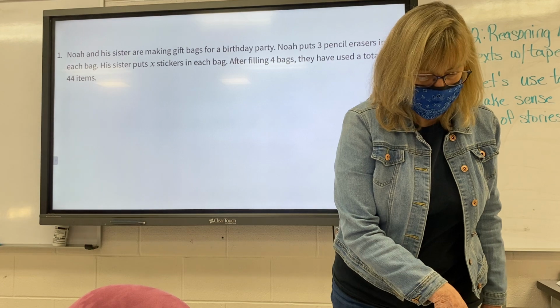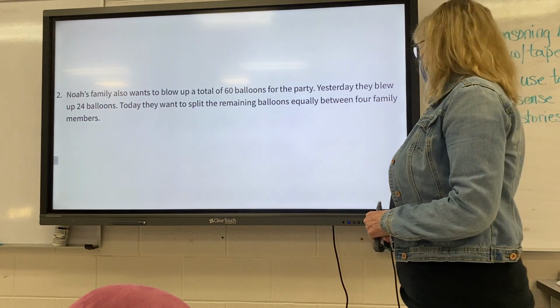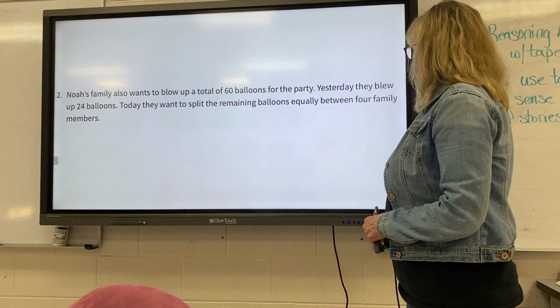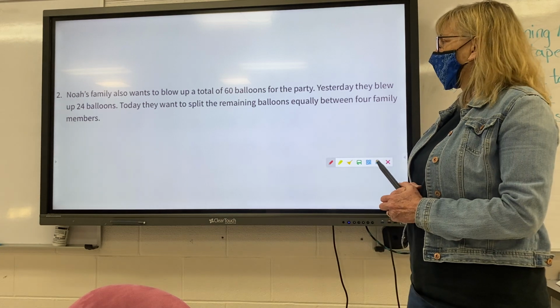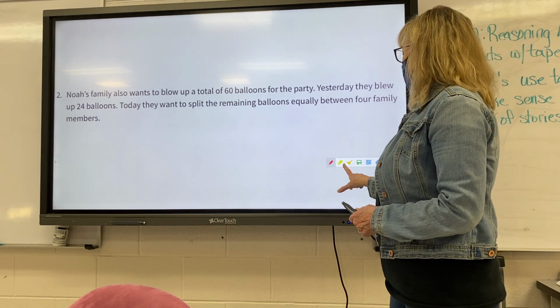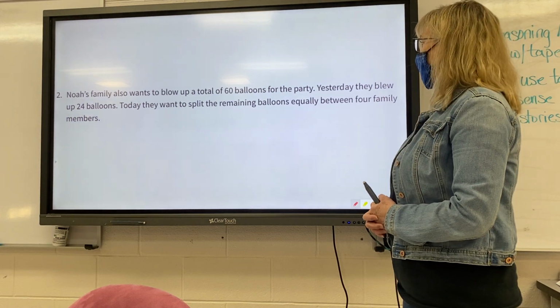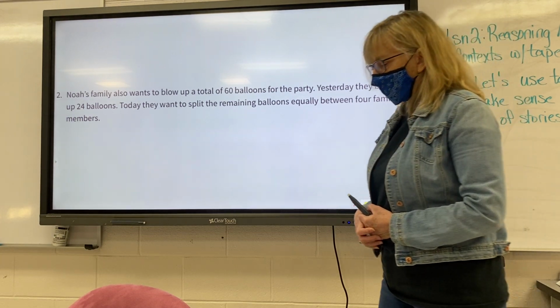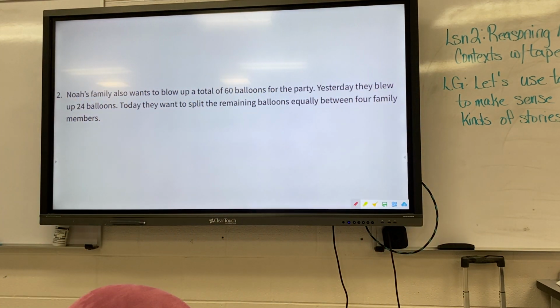Let's try number 2. Noah's family also wants to blow up a total of 60 balloons for the party. Yesterday they blew up 24 balloons. Today they want to split the remaining balloons equally between 4 family members. Okay? So this story is about balloons.